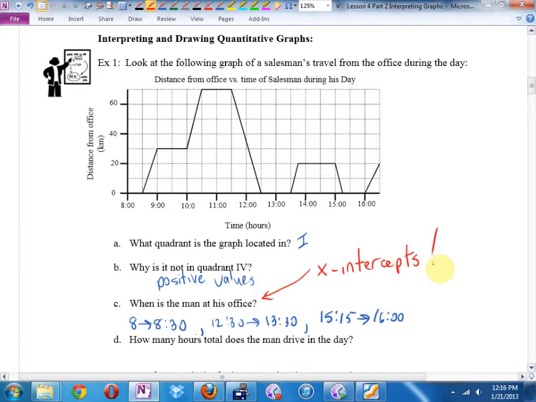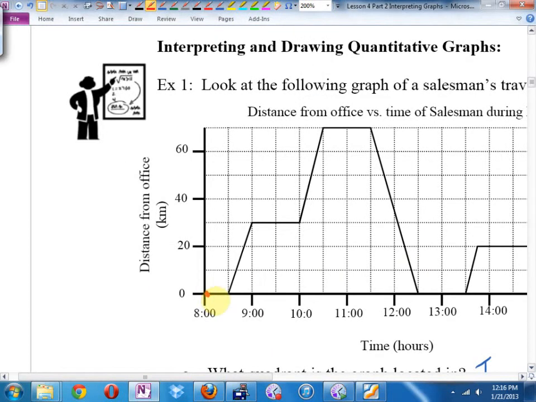This graph has a bunch of x-intercepts. Look up. Don't write this down. That's an x-intercept, that's an x-intercept, and so on. But there's a million in between there that I could also pick, yes? So for us to list the x-intercepts by number would be tricky.